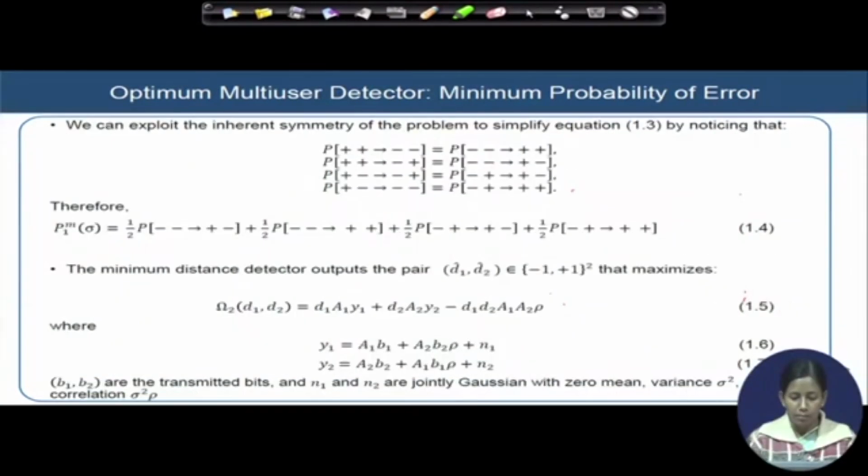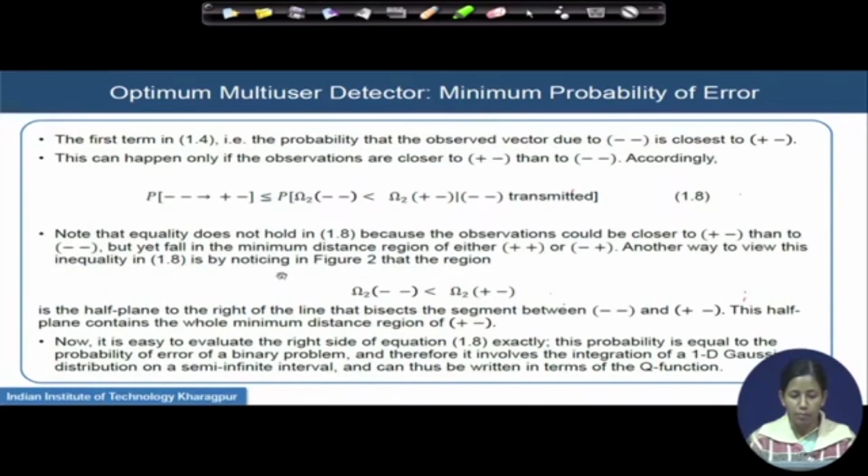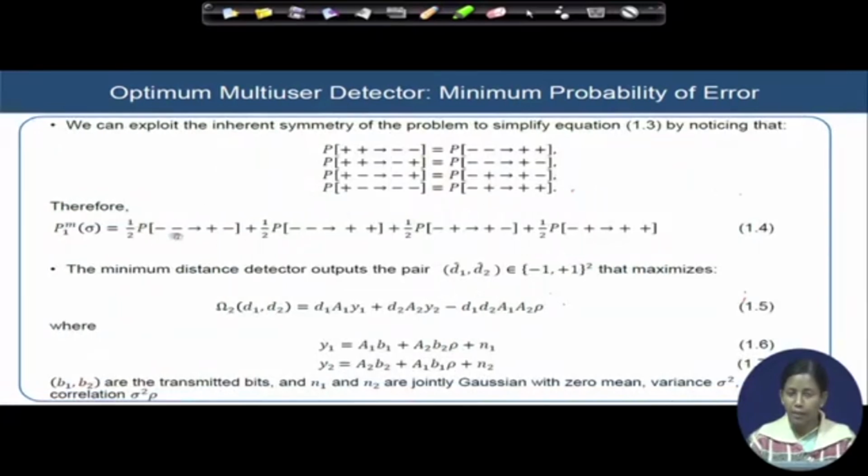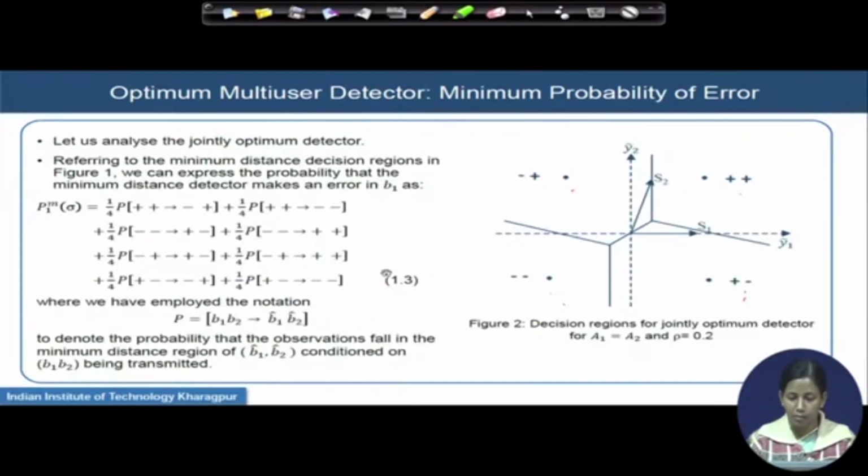Now, see one important thing in expression 1.4: the first term, the probability that the observed vector is closest to plus minus. Remember, when can that happen? We transmitted double minus, but we are detecting plus minus, as if we are here.